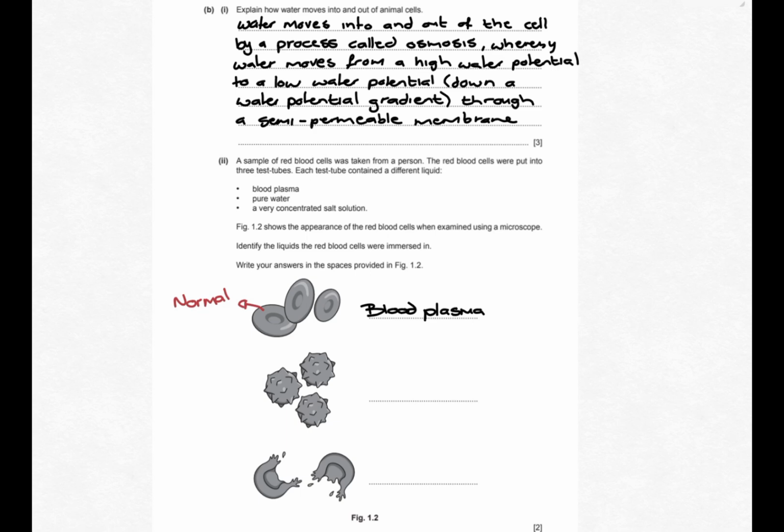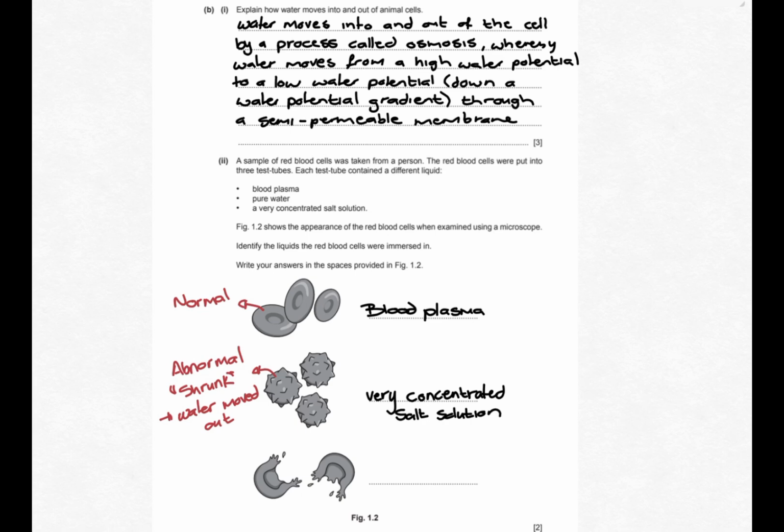The second image kind of shows these shriveled up, spiky blood cells. These are not normal blood cells, they're abnormal. They're shriveled up, meaning that they have lost water. This means that they would have been found in the salt solution because water would have moved out of the cell into the very concentrated salt solution.